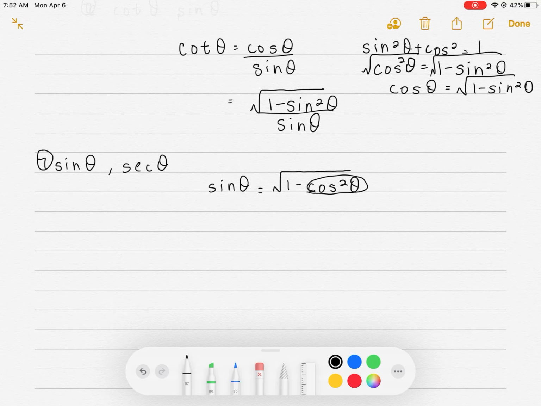Now I can rewrite this in terms of secant. Secant is 1 over cosine, so cosine is 1 over secant. So we have 1 over secant squared. So then we have 1 minus 1 over secant squared of theta.